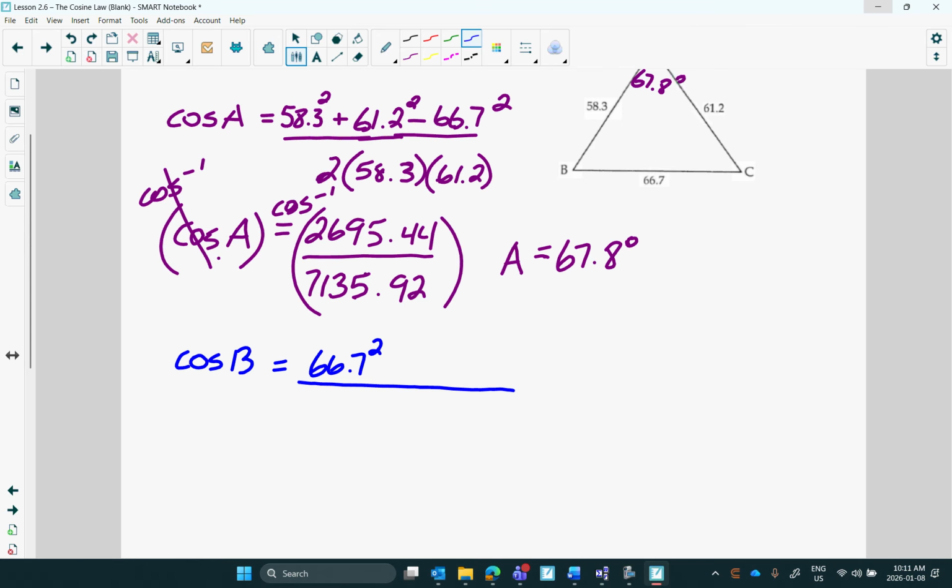Perfect. 61.2 squared. Over on the bottom.